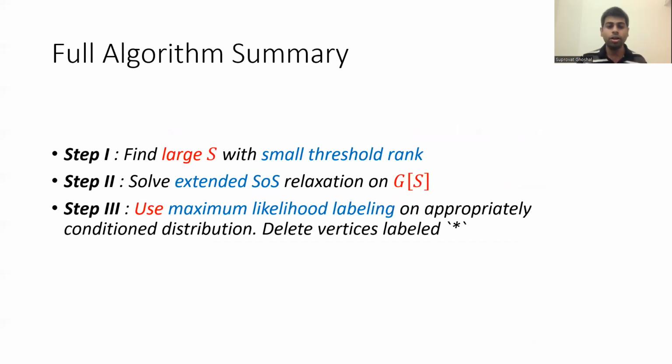So the overall algorithm looks like this. The first step is we find a large subset which has induced low threshold rank. Then after we find the subset, we solve the SOS relaxation on the induced instance. And finally, we condition the distribution appropriately and use the maximum likelihood labeling to round up a solution. And in the end, we'll delete the vertices that are labeled star. So that is our entire algorithm.